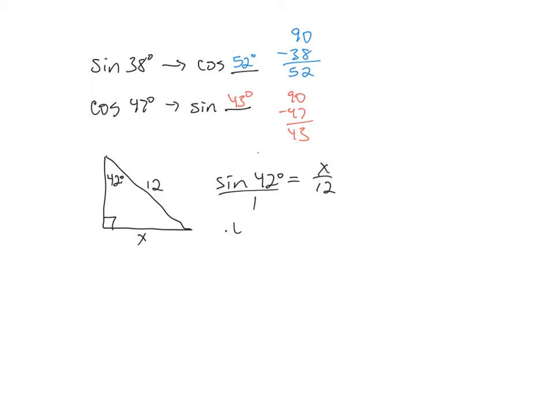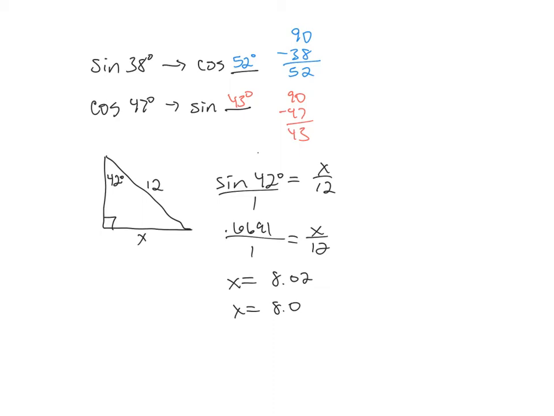So when we solve, we multiply the diagonals. 1 times x is x. And that decimal times 12 is 8.02. So I think they want you to round off to the nearest tenth.